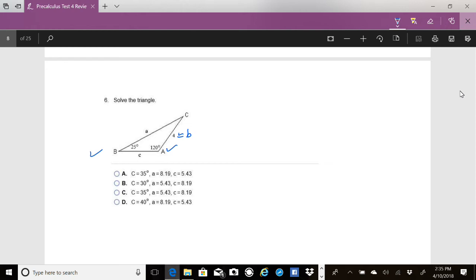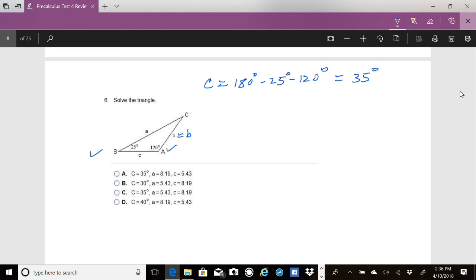Notice that immediately angle C is going to be 180 degrees minus 25 degrees minus 120 degrees equals 35 degrees.